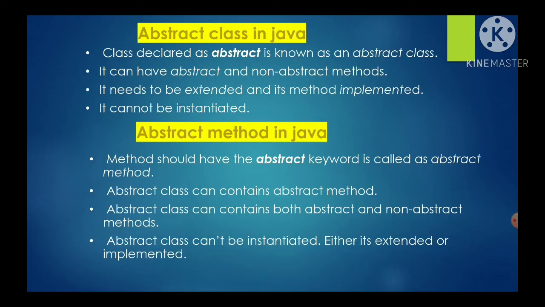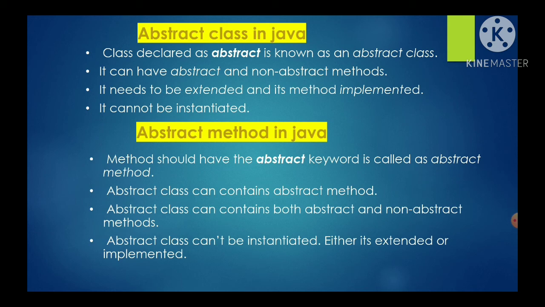Okay. So I think you will get the idea about this abstract class and how we can apply that, right? This is a simple theory: a class declared as abstract is known as an abstract class. We already saw that if the abstract class has both abstract and non-abstract methods, that class needs to be extended and its methods implemented. If you declare the class as abstract, then it needs to be extended.